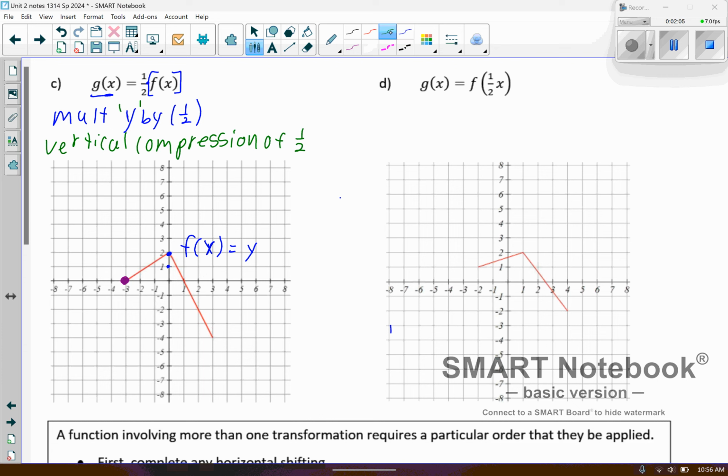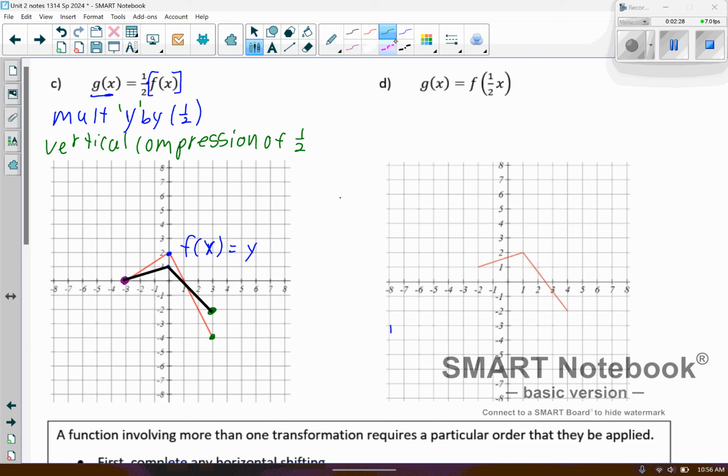And then my last point is right here. The y value was -4, half of that would be -2, so that new point's going to wind up right there. And so we'll just connect our dots, and there we go. And that's my new graph. And if you want to look at it algebraically, you can. I'm probably not going to do that on this example.